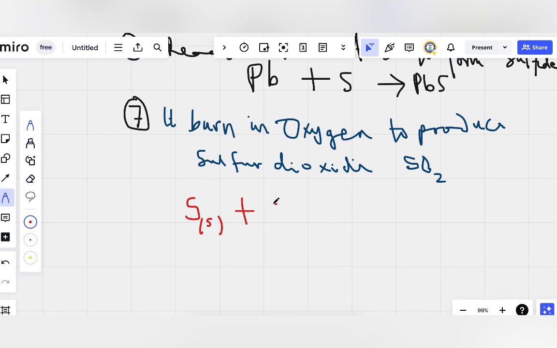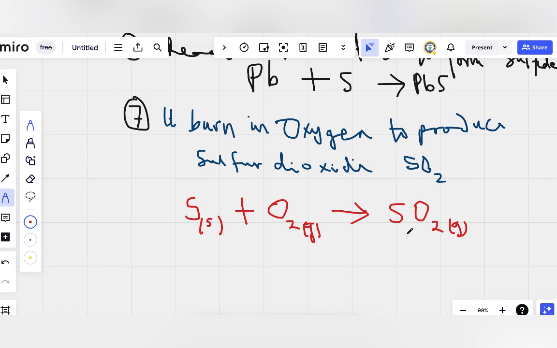Sulfur reacts with oxygen, which is a gas, to produce sulfur dioxide, which is also a gas. This sulfur dioxide is used in making sulfuric acid, H2SO4. You're going to see that in our next video.